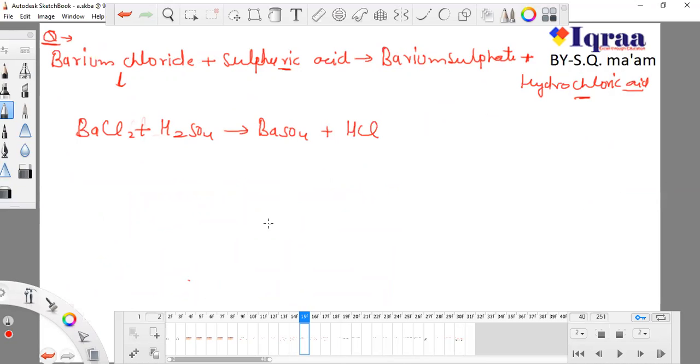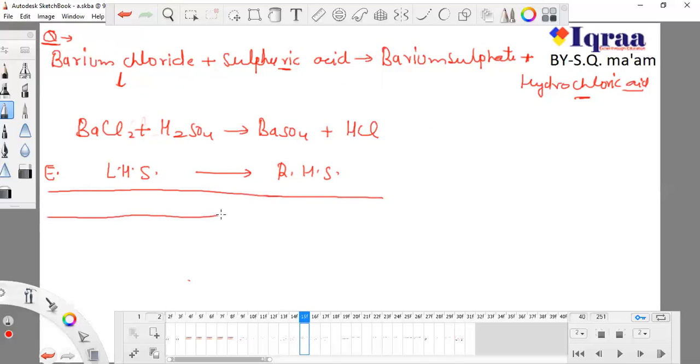Now I'm writing this. Let's take elements, LHS and RHS. Let me see how many elements we have in this.